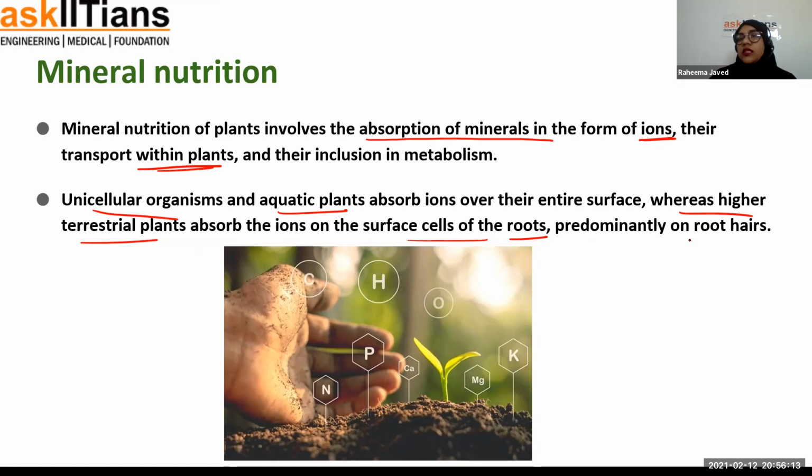So these roots have unicellular root hairs through which the absorption takes place. Root hairs, suppose this is the root.